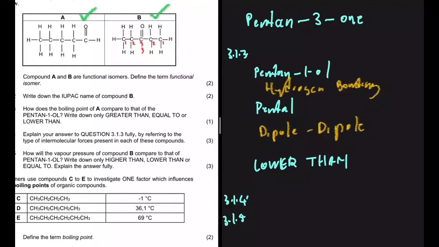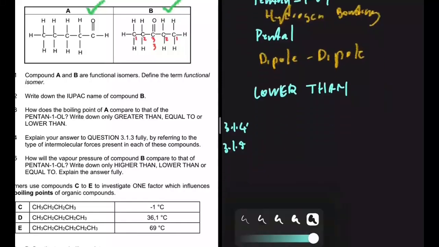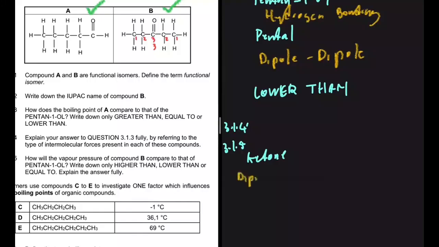Let's look at 3.1.5. How will the vapor pressure of compound B compare to that of pentan-1-ol? Answer only higher than, lower than, or equal to. Explain the answer fully. So compound B, like we've already deduced, is a ketone. And which intermolecular forces do we find in ketones? We have dipole-dipole forces.